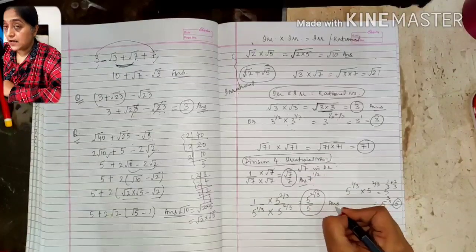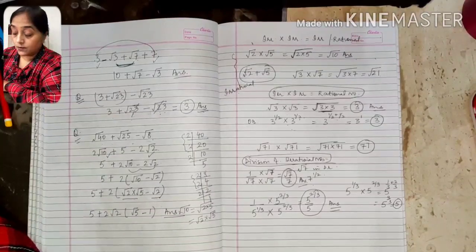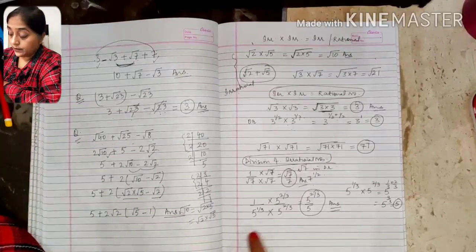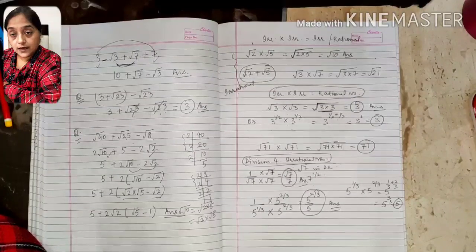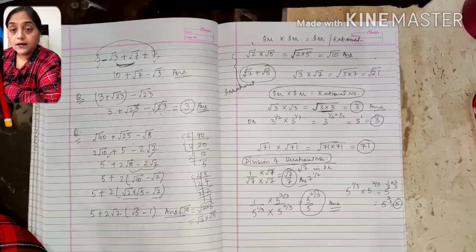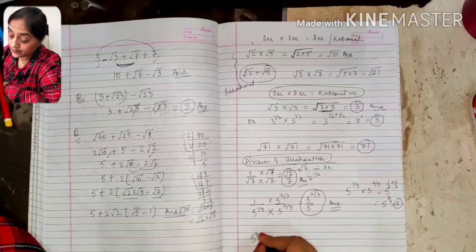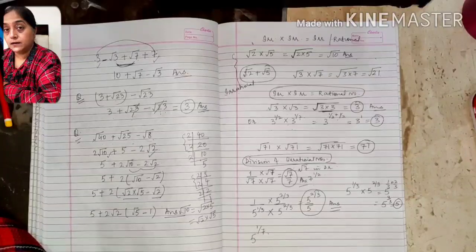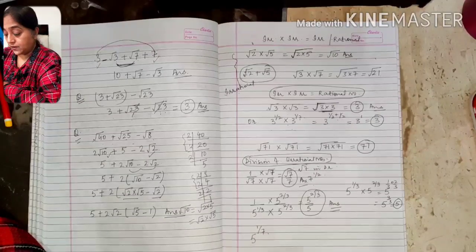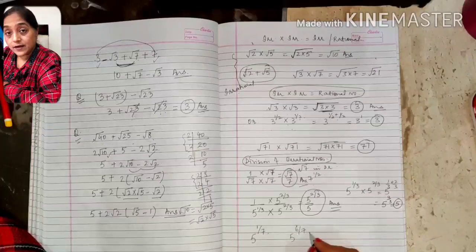This is the answer. Now you must have this thing in your minds: how could you know that the rationalizing factor of 1 by 3 is 2 by 3? Check it out. What I said, in the denominator I have to make the power 1. So if I have 5 raised to the power 1 by 7, what is the complementary part of 1 by 7? It is 6 by 7, only then will this become 1.